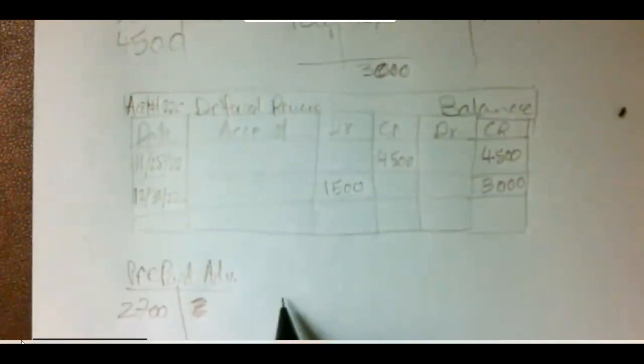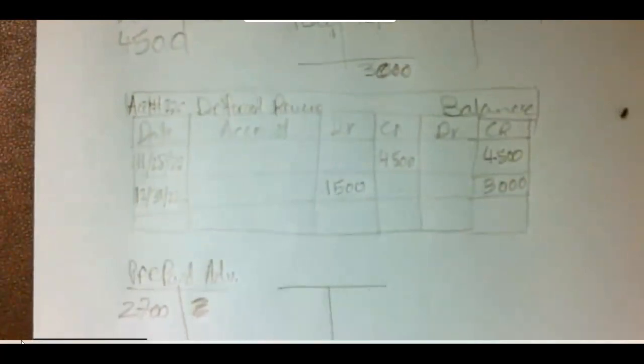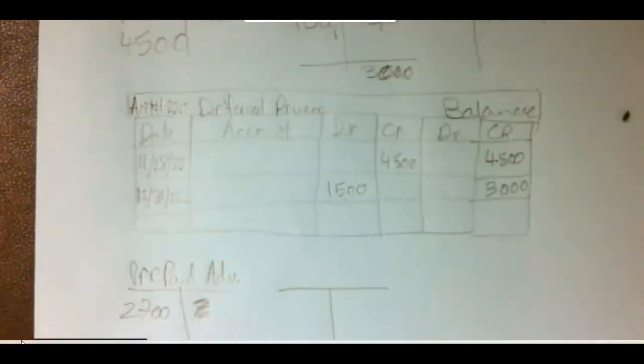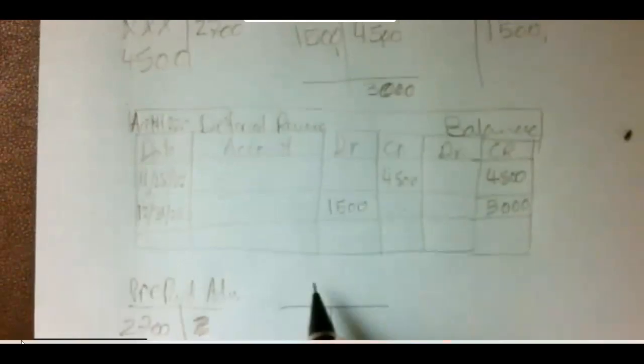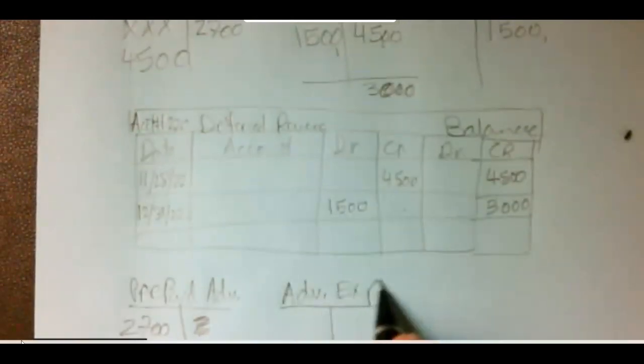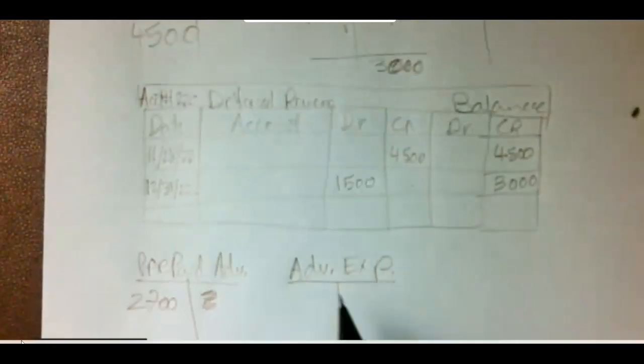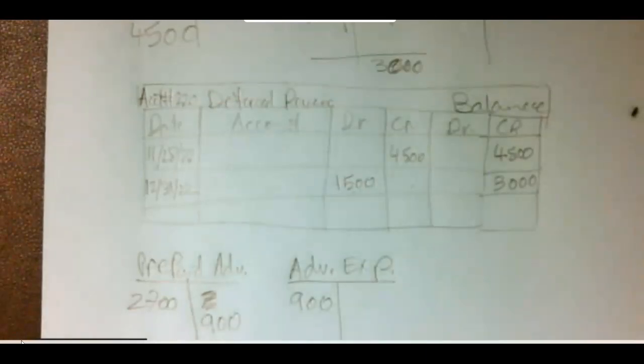And at the end of December, we know 1/3 of this advertisement has been performed, and we have the obligation to recognize the expense at that point at the end of the year. So we recognize advertisement expense for 27 divided by 3 is 900, I believe. So advertisement expense is 900, and prepaid advertisement will be reduced by 900.